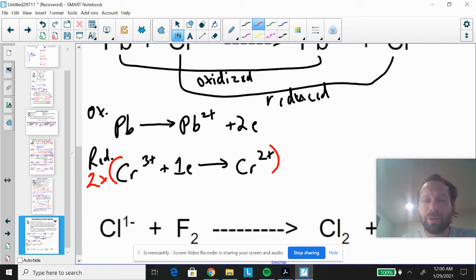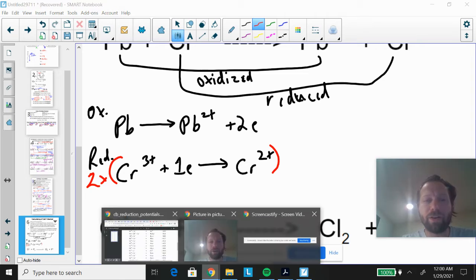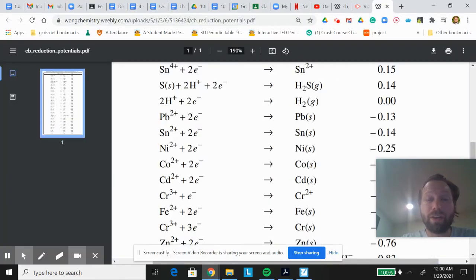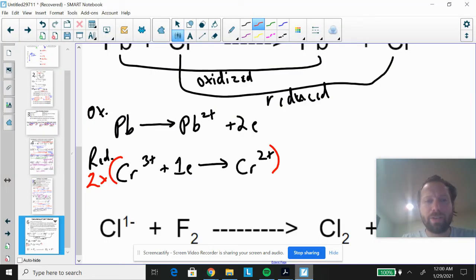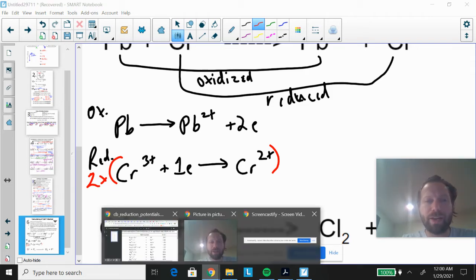So let's go here and just take a look. It's easier to start with the reduction because the chart that we have here is already in reduction. It's a reduction potential list. Okay, so we're going to start with the Cr actually. Cr3+ plus 1e- yields Cr2+. Let's see if we can find that here.